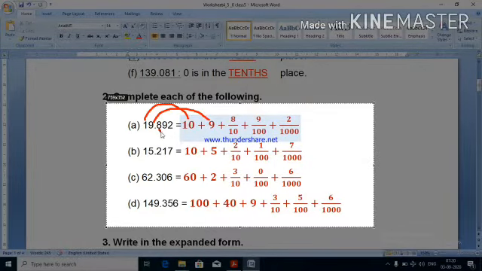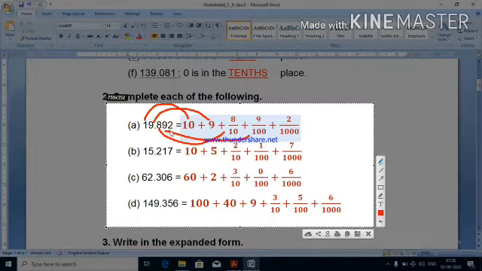After the decimal, 8 by 10. 9 is written as 9 by 100, 2 is written as 2 by 1000. Like this we have to complete the expanded form.